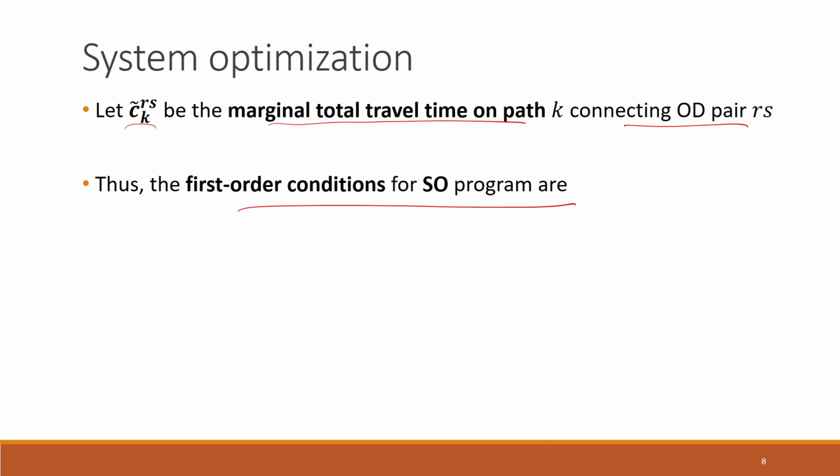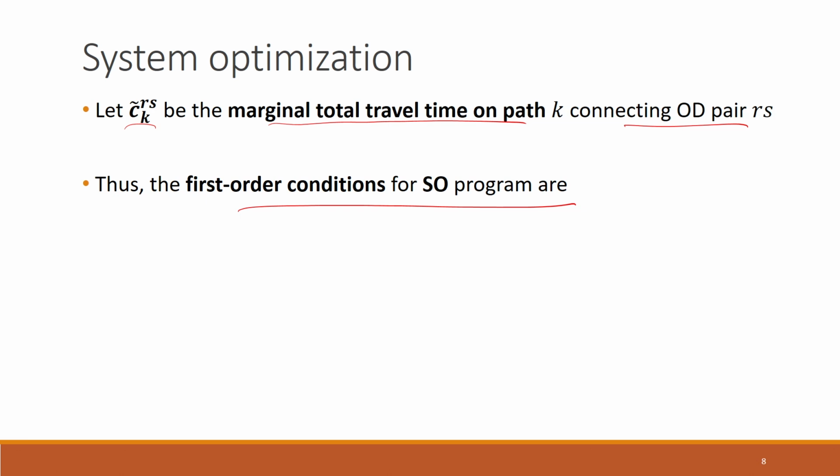Both of these formulations, user equilibrium and system optimization, have non-negativity constraints and linear equality constraints. Okay, and therefore the KKT conditions can be derived in a similar manner as we have seen before. This derivation is available in Sheffi's book, but because of the constraints of time, we are not discussing it here.